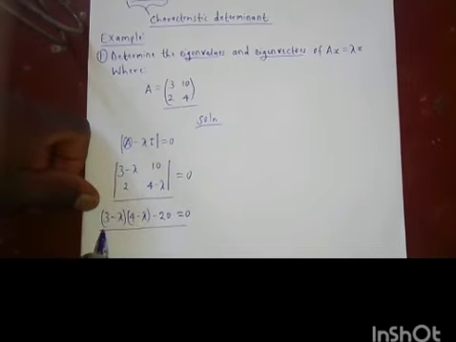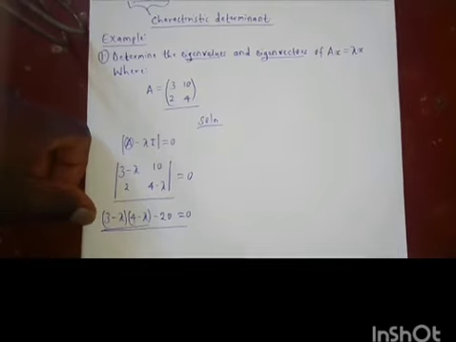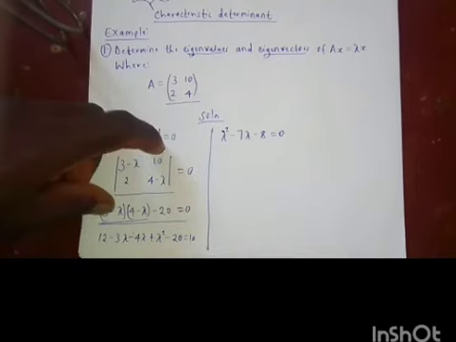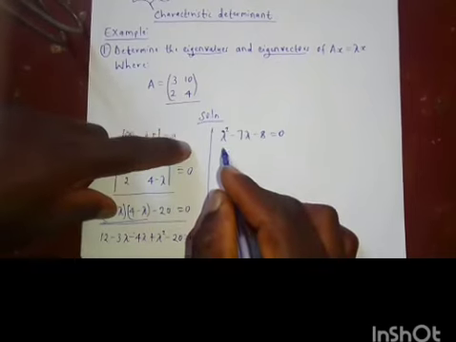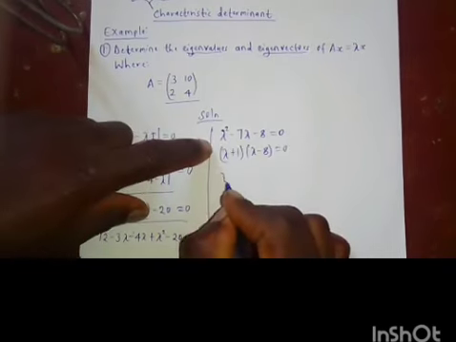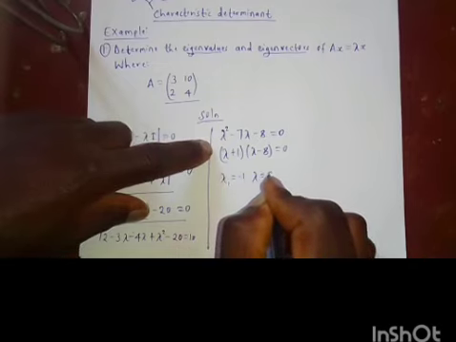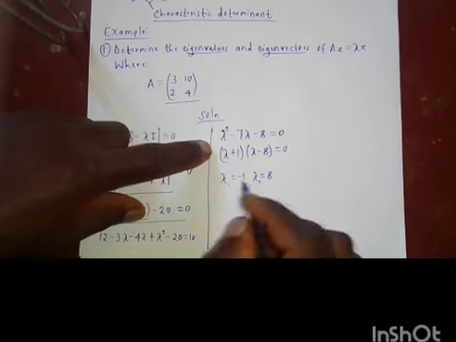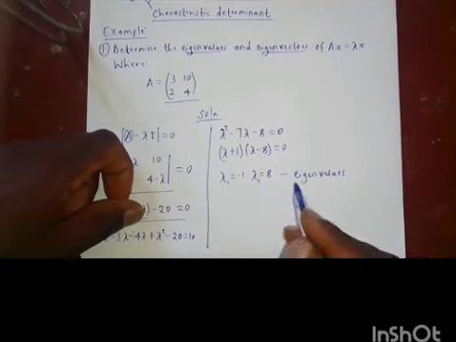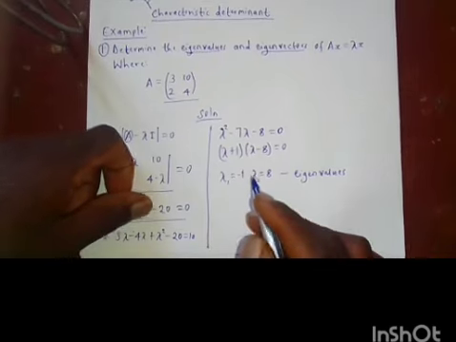Expanding this quadratic expression and using the method of factorization, we get our values of lambda to be -1 and 8. So now these are the eigenvalues. These are the values we are going to use to find the eigenvectors.